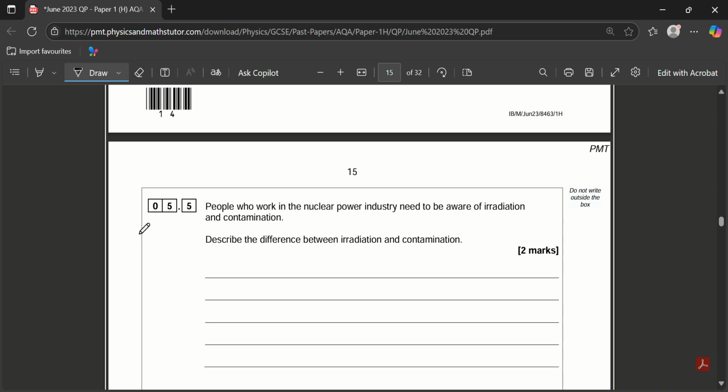Describe the difference between irradiation and contamination. I thought this would come up in the paper, and it did eventually.